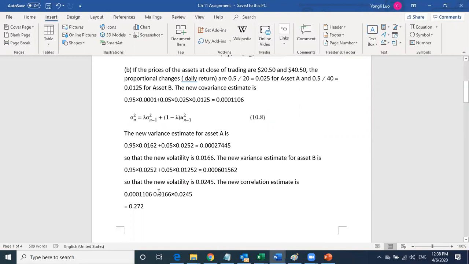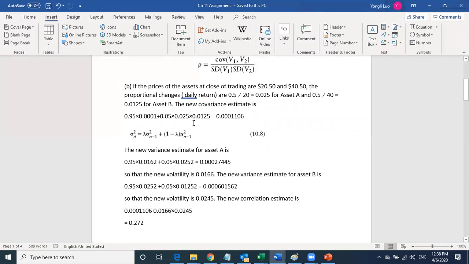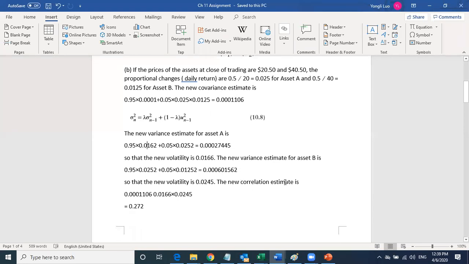So that's how we use the exponential weighted moving average for the new covariance. And then you use the same formula 10.8 to estimate the new variance for asset A and the new variance for asset B. And then you calculate the new correlation.